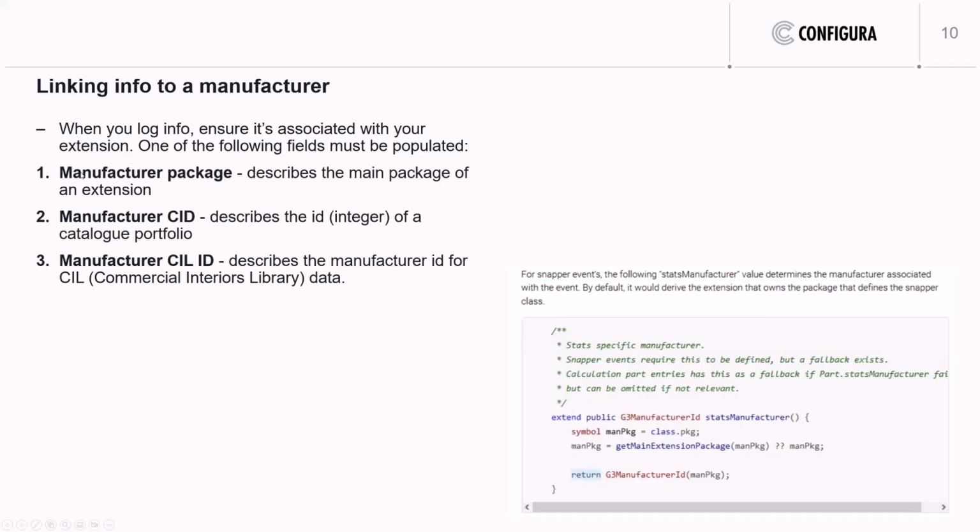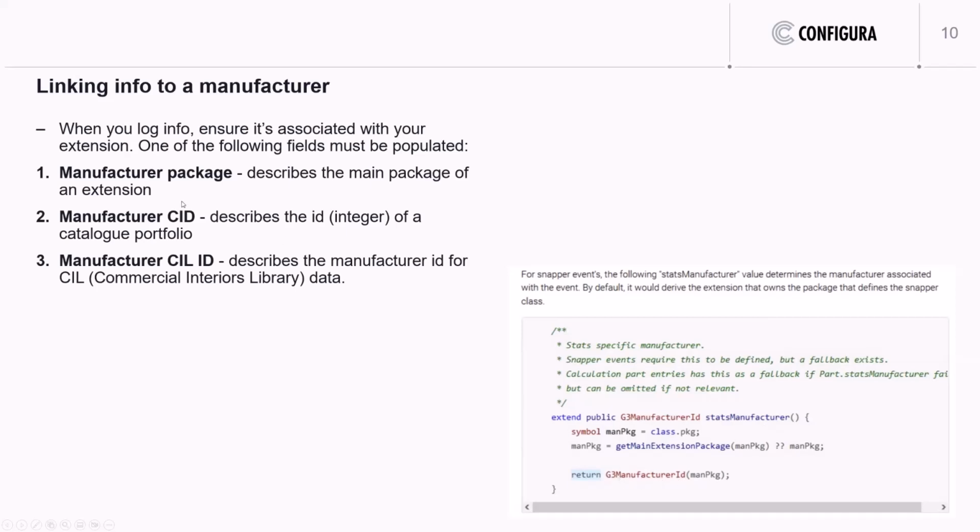There are 3 different ways to link it. There's a G3 manufacturer. If you look down on the right corner here, G3 manufacturer ID is a class. Basically, you would override stats manufacturer, and you need to return a G3 manufacturer ID.